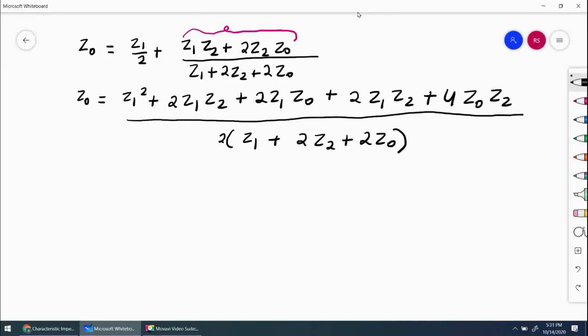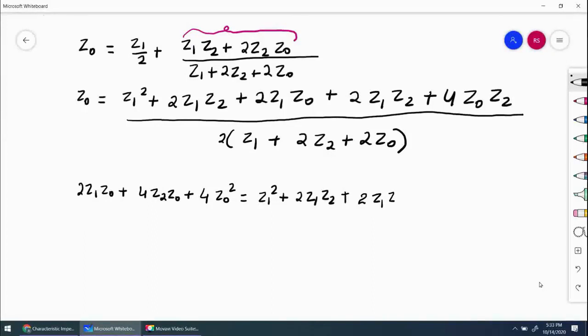We will cross multiply it, and what we get is 2Z1Z0 plus 4Z2Z0 plus 4Z0 square is equal to Z1 square plus 2Z1Z2 plus 2Z1Z0 plus 2Z1Z2 plus 4Z0Z2.